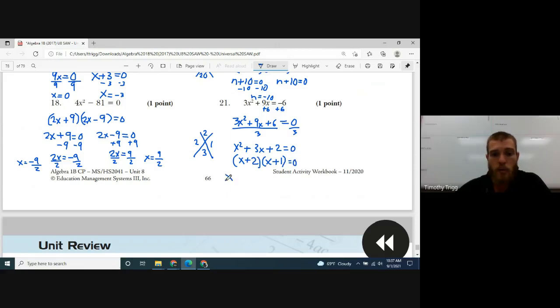Set each one equal to 0 and solve to find our x-intercepts. Subtract 2 from both sides to get x by itself on this one. X is negative 2. Subtract 1 from both sides to get x by itself here. X is negative 1.